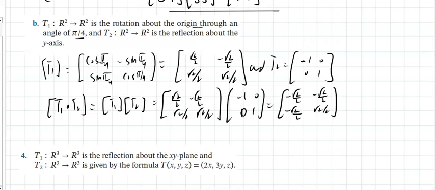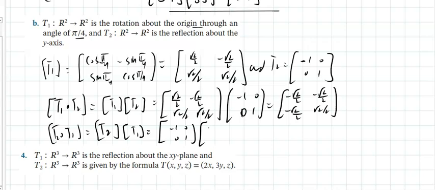And if I was to go ahead and figure out T sub 2, T sub 1, that will be T sub 2, T sub 1. T sub 2 is negative 1, 0, 0, 1. T sub 1 would be radical 2 over 2, negative radical 2 over 2, rad 2 over 2, and rad 2 over 2.